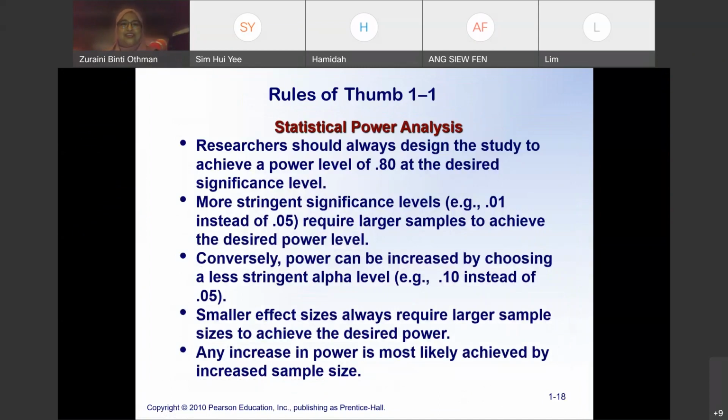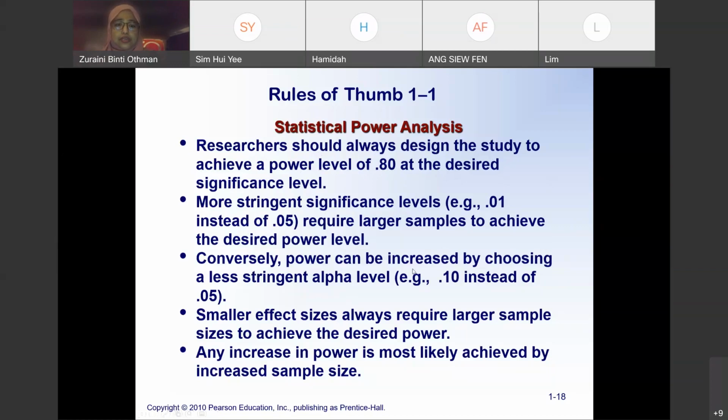Same with me. Okay, this is statistical power analysis. Rule of thumb: what you have to know in statistical power analysis. First, researchers should always design the study to achieve a power level of 0.8 at the desired significance level. A more stringent significance level, for example 0.01 instead of 0.05, requires a larger sample to achieve the desired power level.